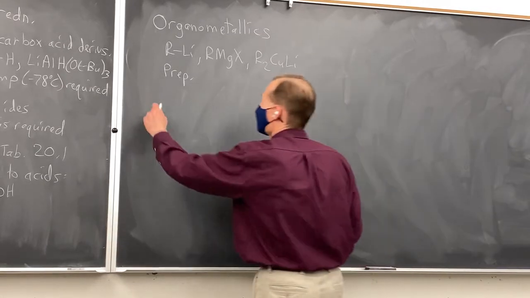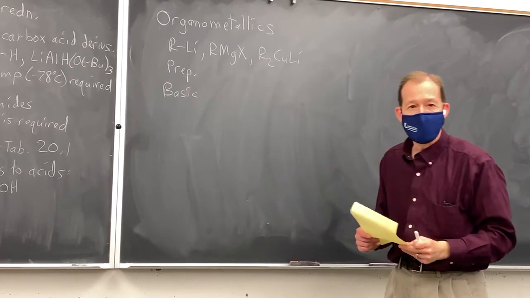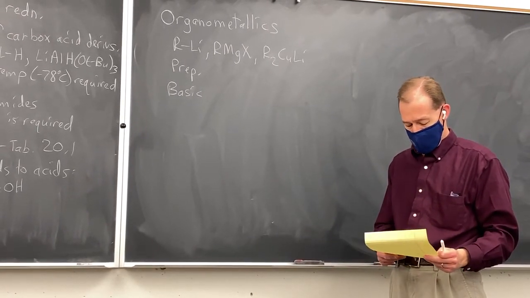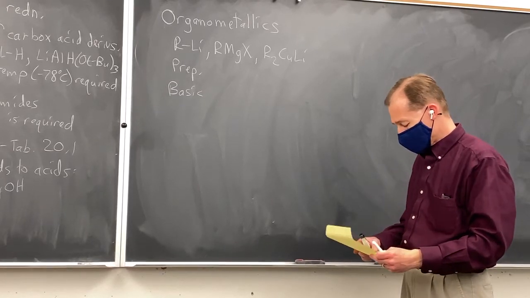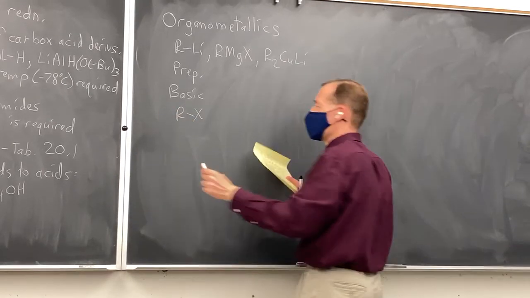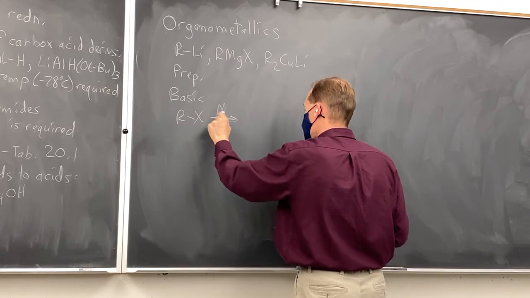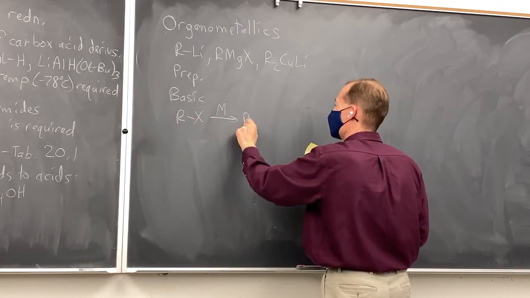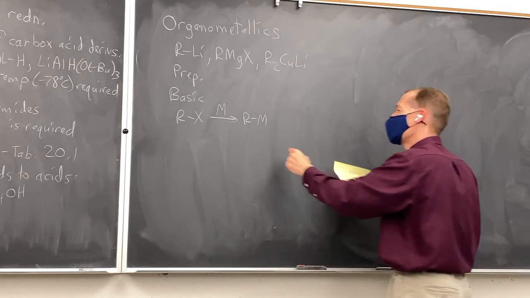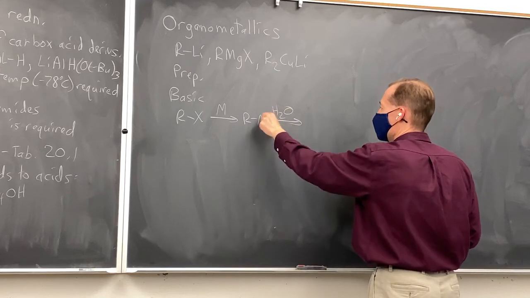We talked about how organometallics are basic. They will deprotonate OHs and NHs. Usually we don't want that to happen, but there's one case in which it can be useful. We said that we can take an alkyl halide, convert it into an organometallic, either a Grignard reagent or an organolithium reagent, and then treat that reagent with water.